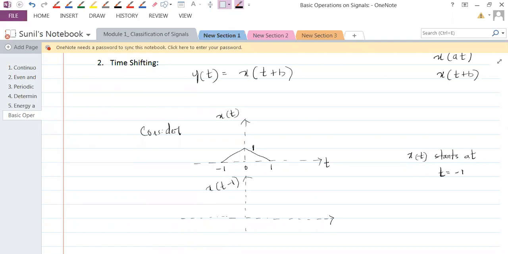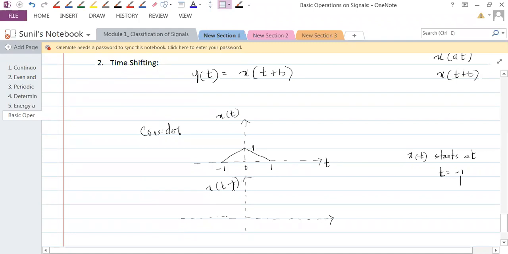Now, where should x of t minus 1 start? If x of t starts at t equal to -1, where do you think x of t minus 1 should start? Just give it a try. Let it be wrong, no problem, but we'll engage ourselves at least.